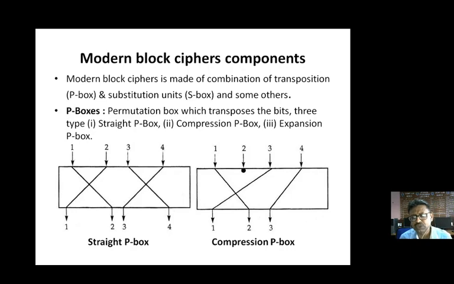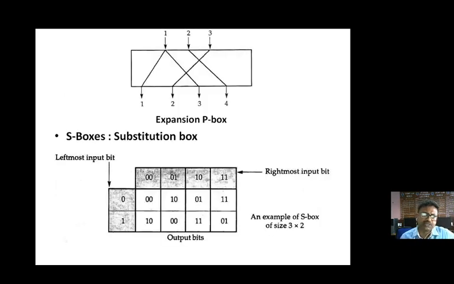Of course, this is also a keyless process, and it increases the number of bits. This is an example of an expansion P-box. You can see that we have 3 elements in the input, but we receive 4 elements in the output by assigning a particular bit of the input to two places.